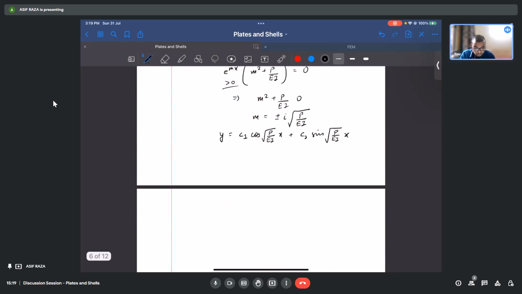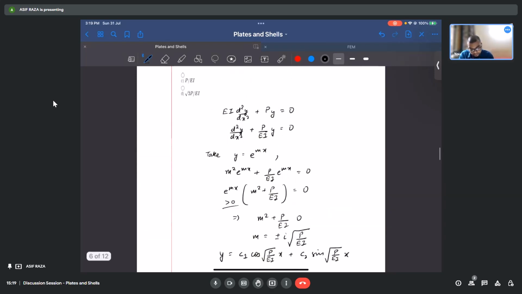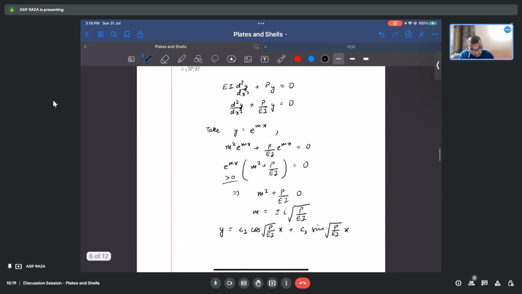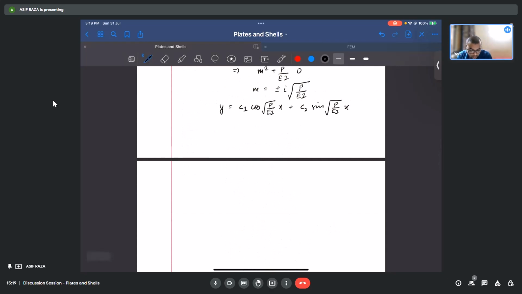As the column is hinged at both ends, we are given the condition that at x equal to 0, y equal to 0, and at x equal to L, y equal to 0. We'll substitute this in the above equation. Take it as equation number 2.